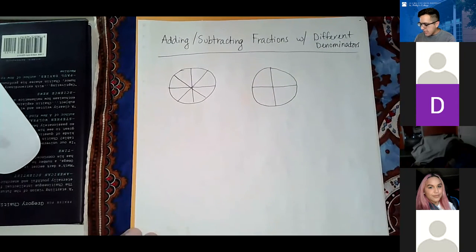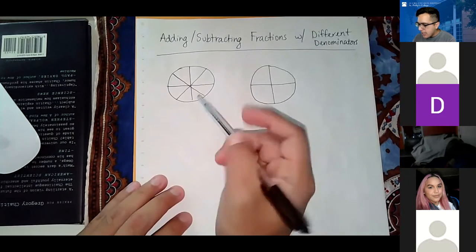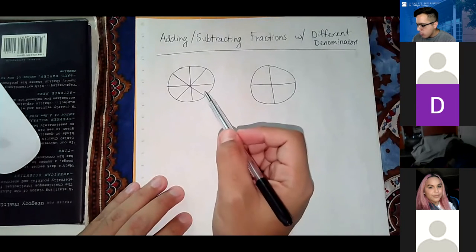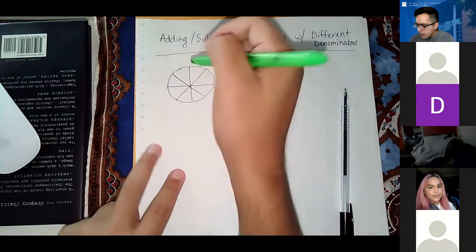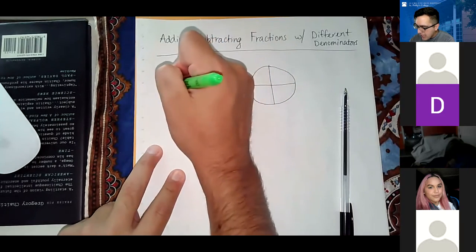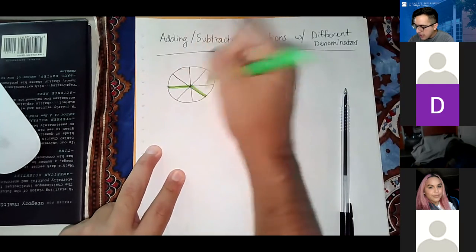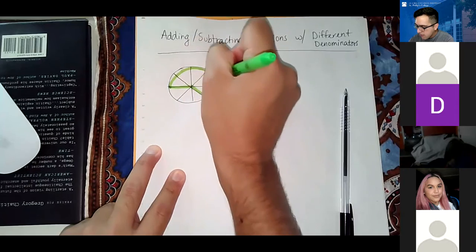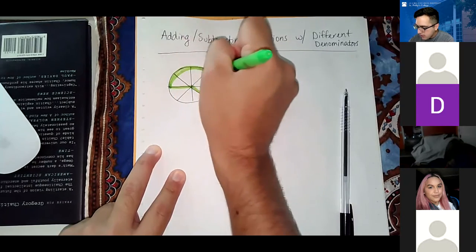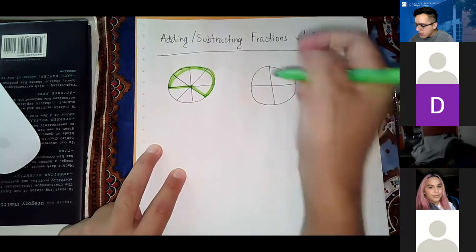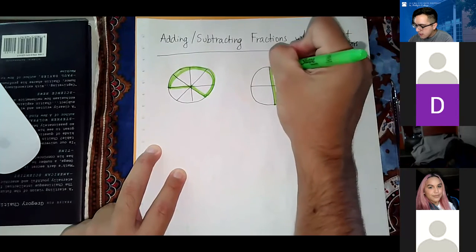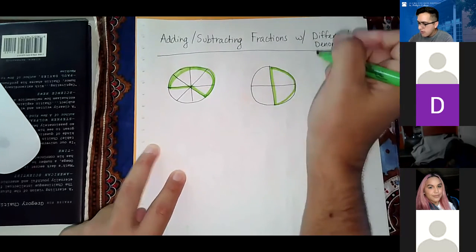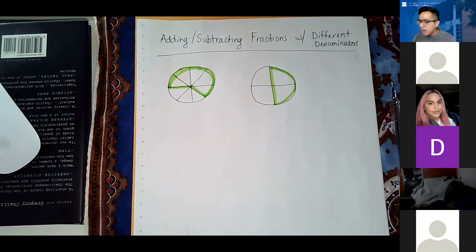And let's say that I ate, or maybe I took, a little bit more than half of my pizza, and that's how much I ate. So I ate this highlighted green part. And then my friend took half of their pizza. How much did we eat among us? How much did we eat in total?